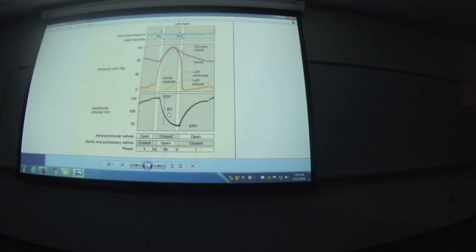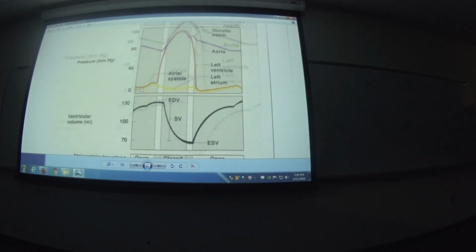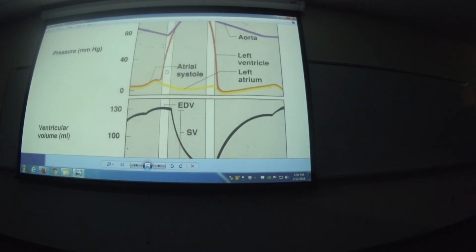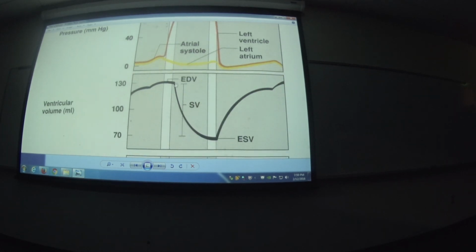Make sense? Yes. Can you say again the pressure in the left ventricle and exactly the timing of when the blood is most full and when the valves open? So the preloading would be where the atria contracts, so right here. That's the fullest your ventricle would be.